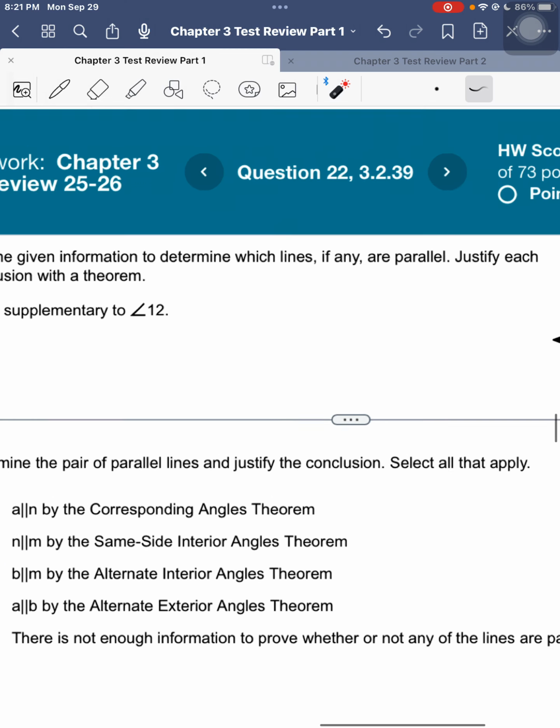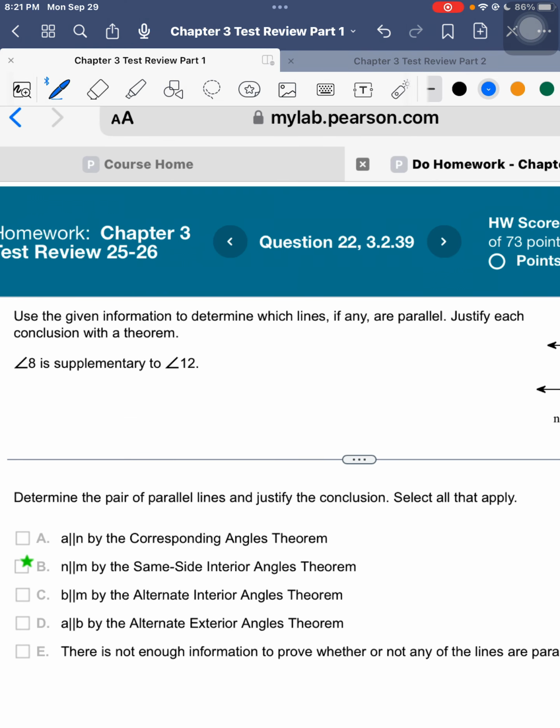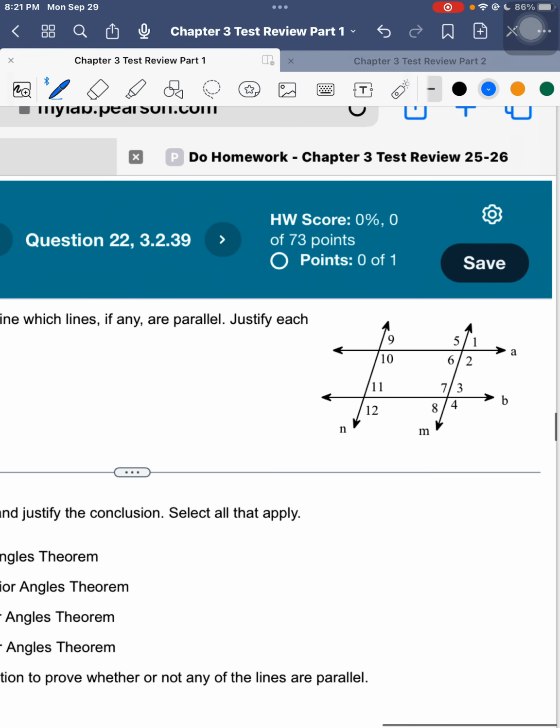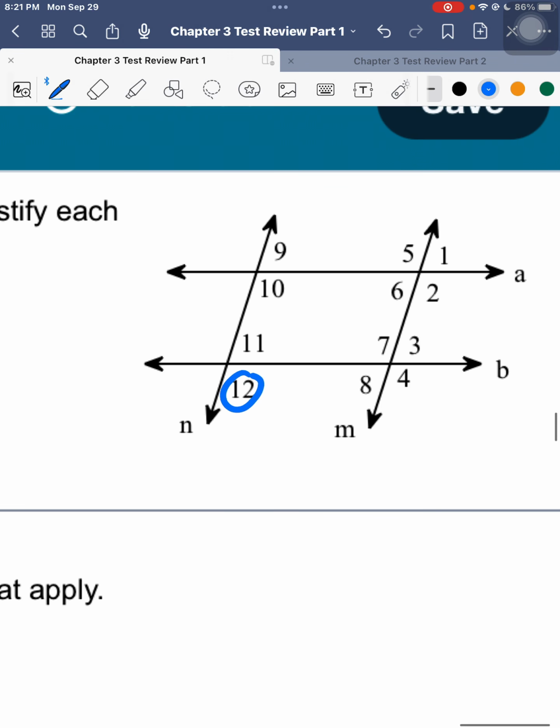Now let's look at this one. Use the given information to determine which lines, if any, are parallel. Justify each conclusion with a theorem. So if I know that 8 and 12 are supplementary, where are 8 and 12? This works out really well because this angle 12 and this angle 8 are on the interior of these two transverse lines, and they're also on the same side of this transversal line.